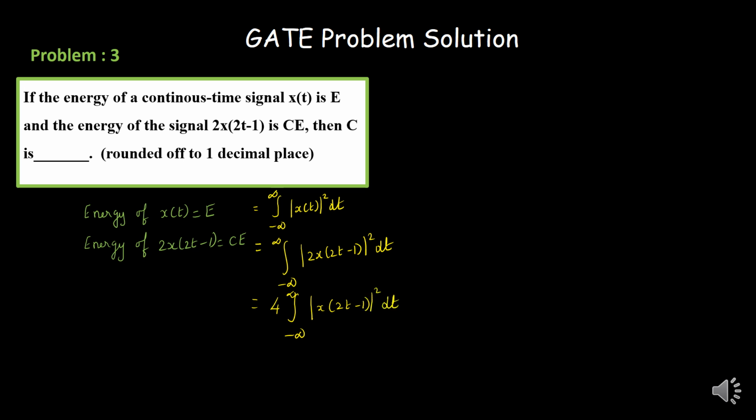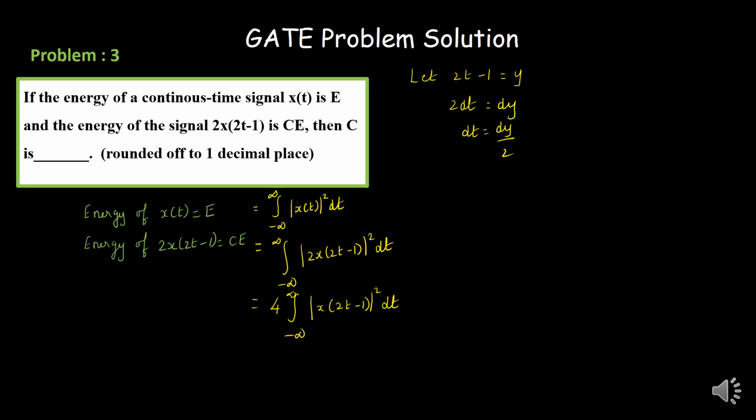So for the simplification purpose, let me take this 2t minus 1 as another variable, y. So then differentiating on both sides, 2 into dt equal to dy. Okay, therefore dt equal to dy by 2.